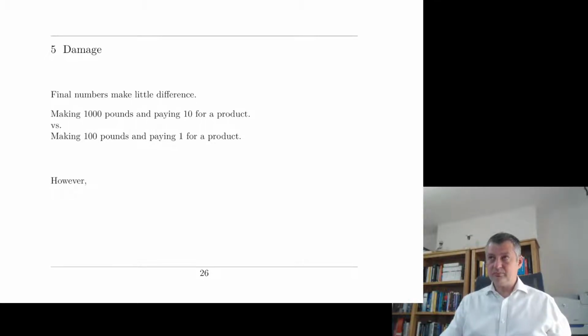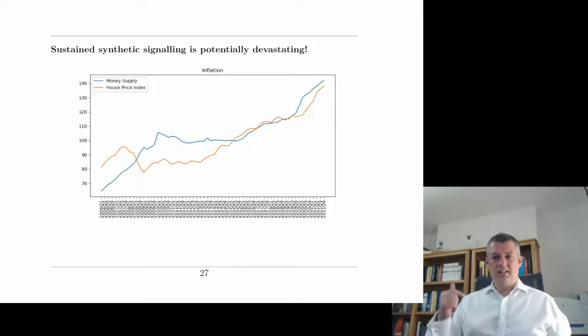However, the sustained effects of the signals that market participants are being subjected to, particularly as we've seen more recently with constant injections of new money into the market, can have devastating effects.